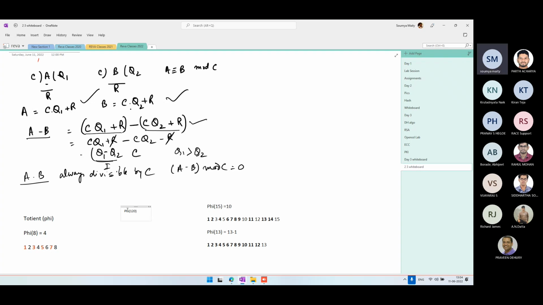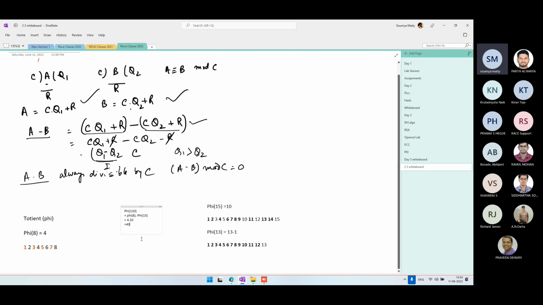It is very difficult to find directly, but since we know phi of 8 is 4 and phi of 15 is 8, we can easily compute it. Phi of 120 equals phi of 8 into phi of 15, which is 4 times 8. Simple so far.